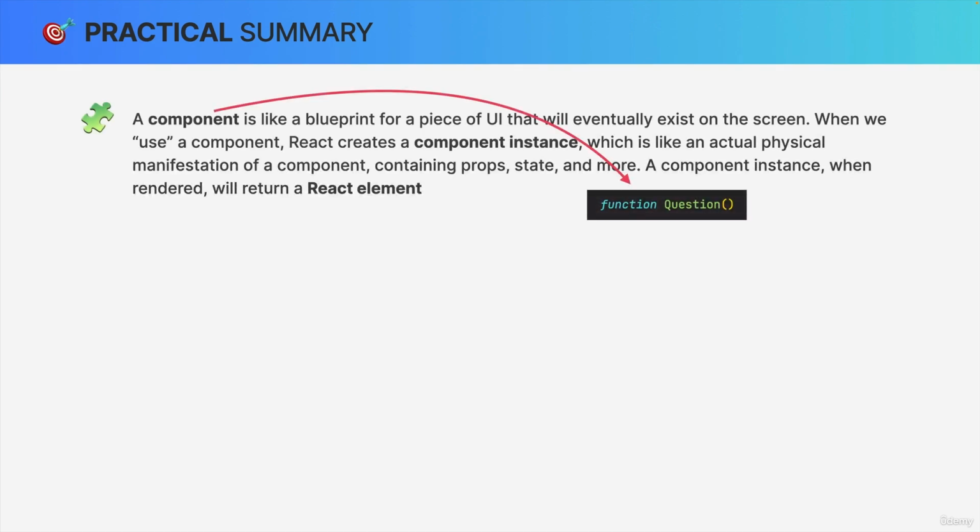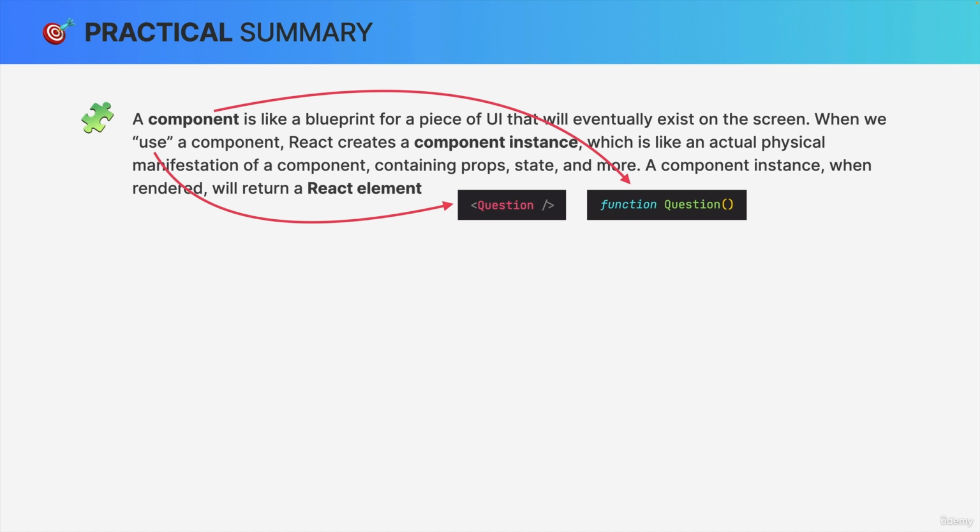But anyway, let's now move on to our first point, which is that a component is basically like a blueprint for a piece of UI that will eventually exist on the screen. When we then use a component, React creates a component instance, which is like an actual physical manifestation of a component which contains props, state, effects, and more.